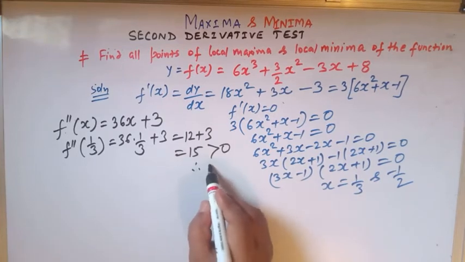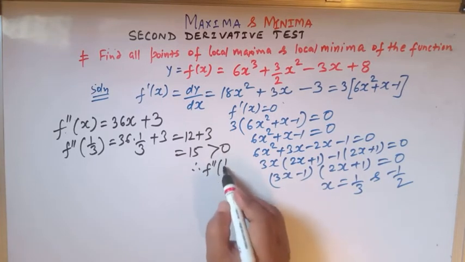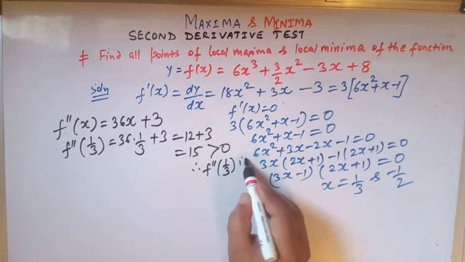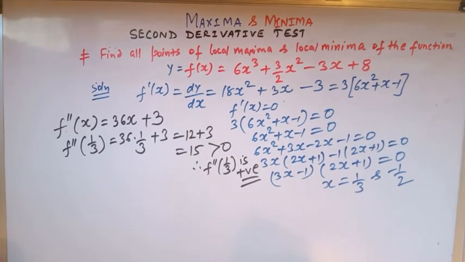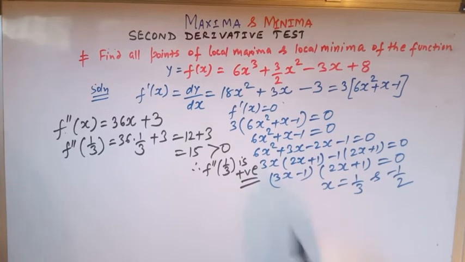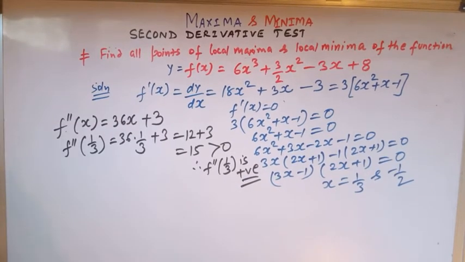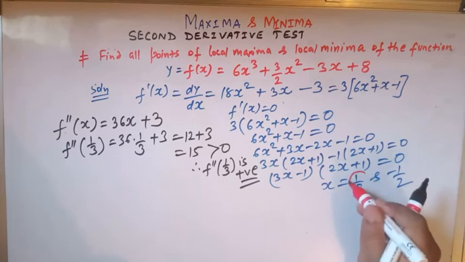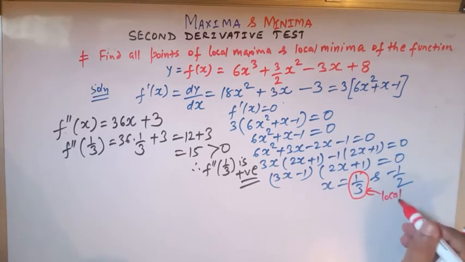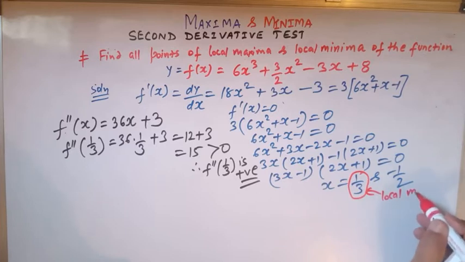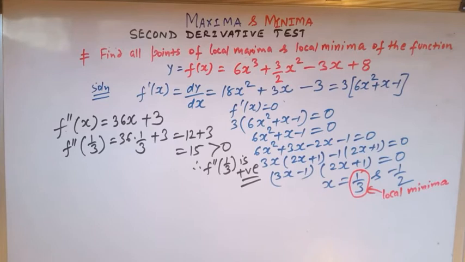So therefore f double prime of 1 by 3 is positive. Clear? And we conclude that x equal to 1 by 3 is a point of local minima. Clear? This is a point of local minima.